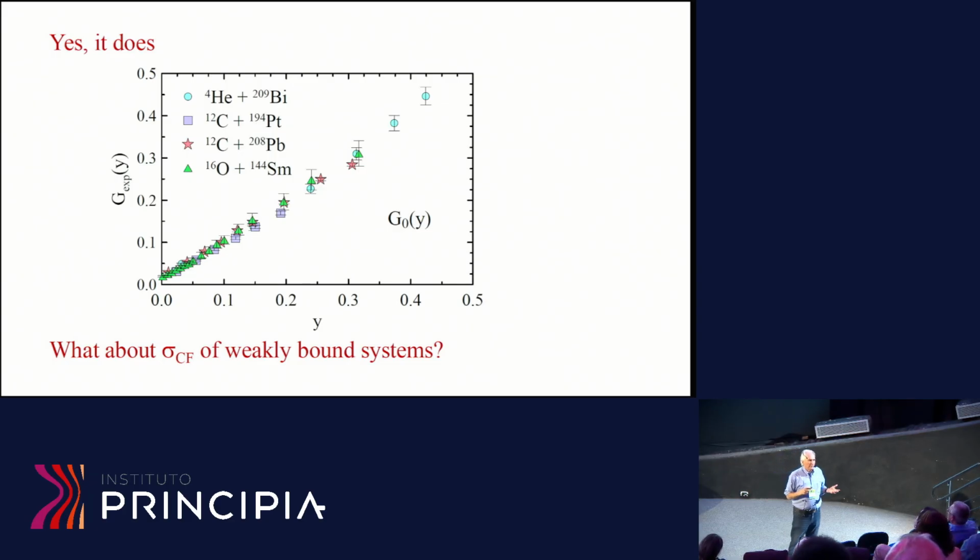Then what one wants to do now is to compare experimental cross-sections for weakly bound nuclei with the cross-sections calculated by our method. We want to put all in the same picture using this reduction procedure.